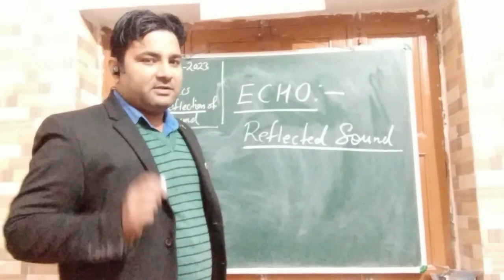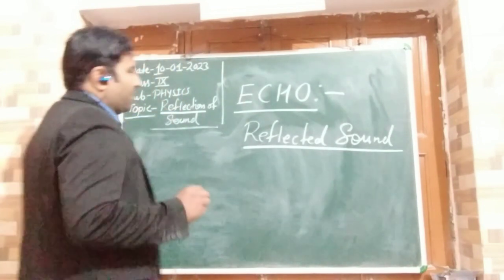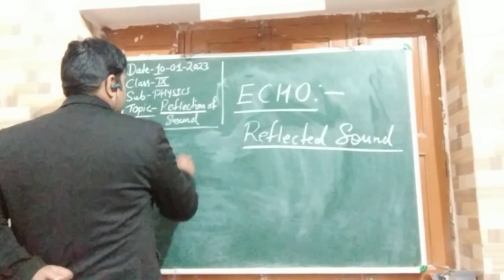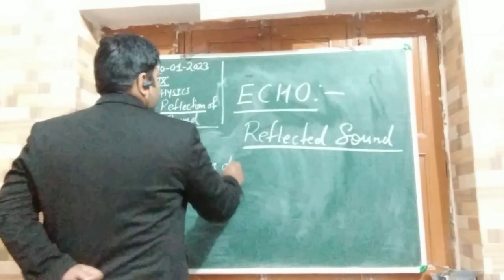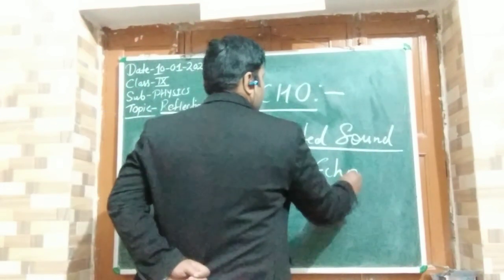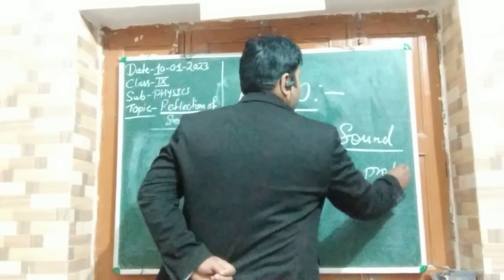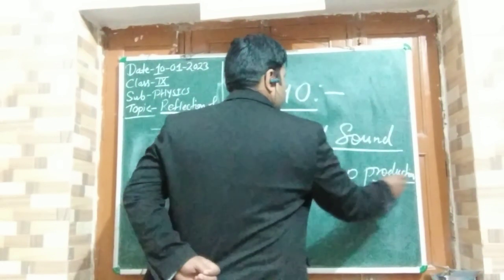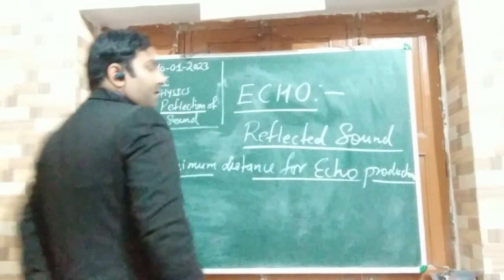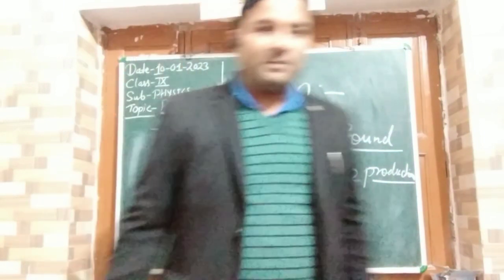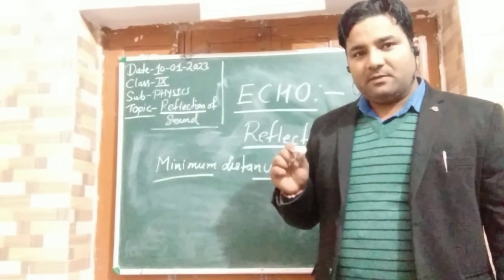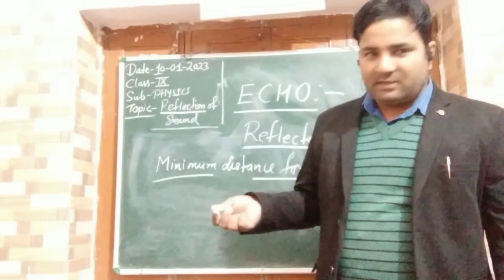But one important thing that is necessary for the production of echo is the minimum distance for echo production. For this calculation, you should learn about the time interval gap between the original sound produced and the reflected sound.